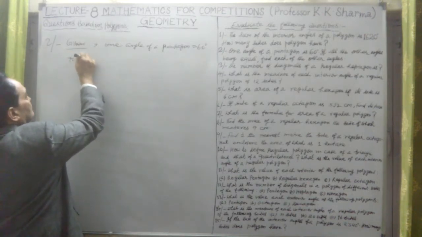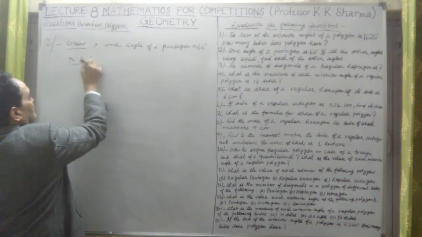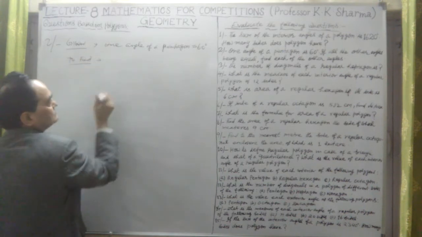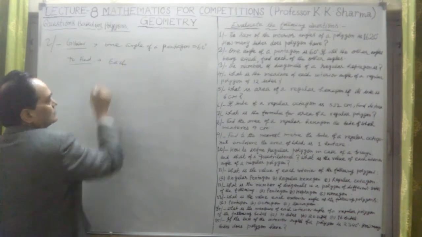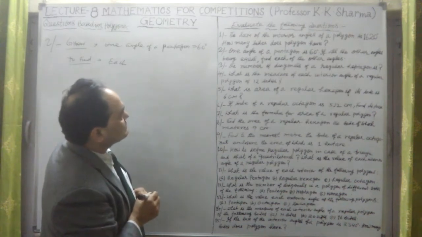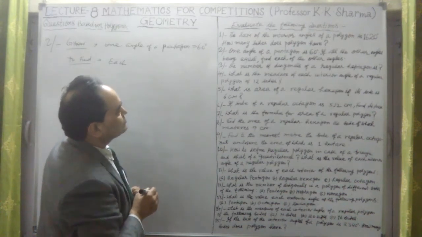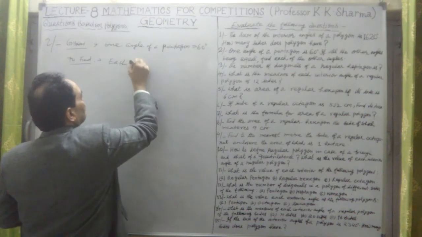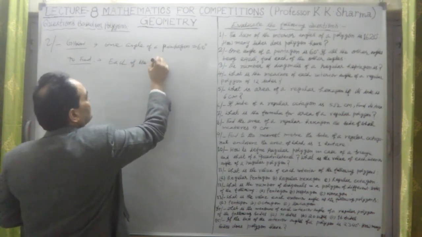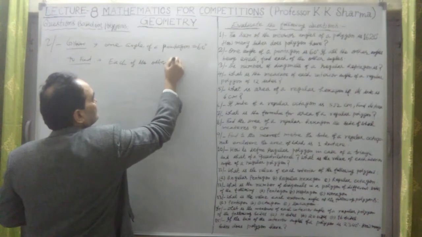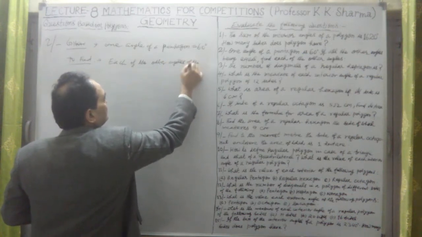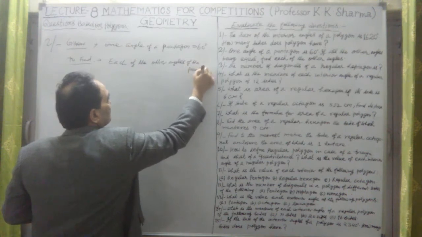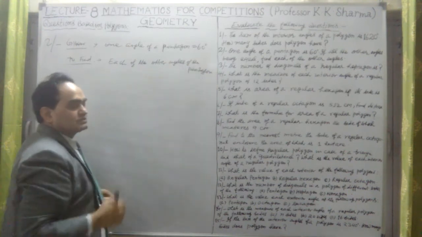To find here, we have to find the value of each of the other angles of the pentagon, because one angle is already given.